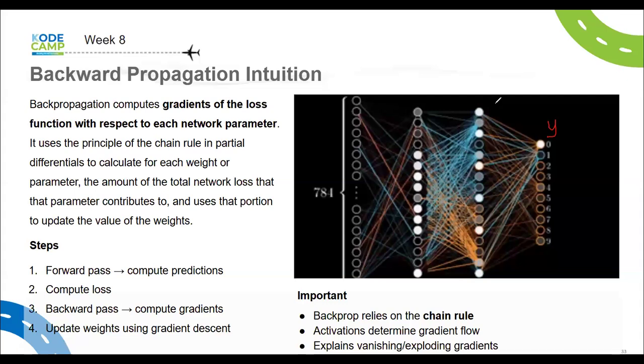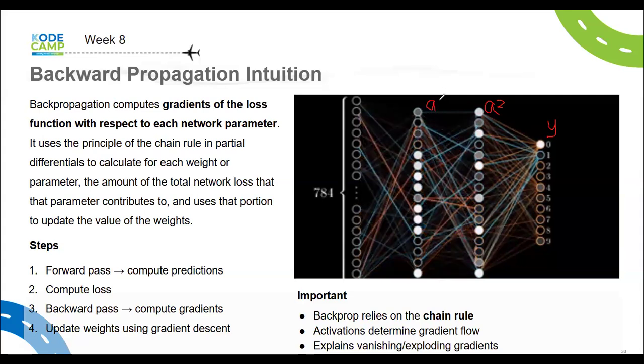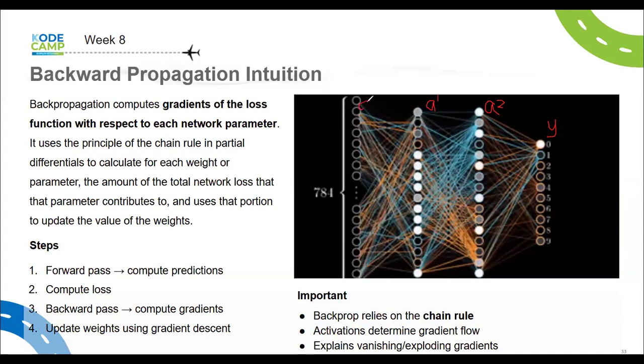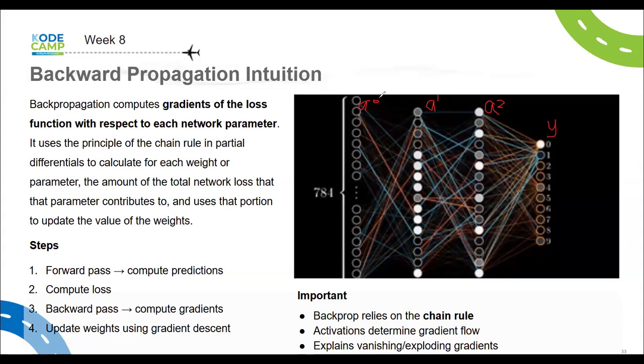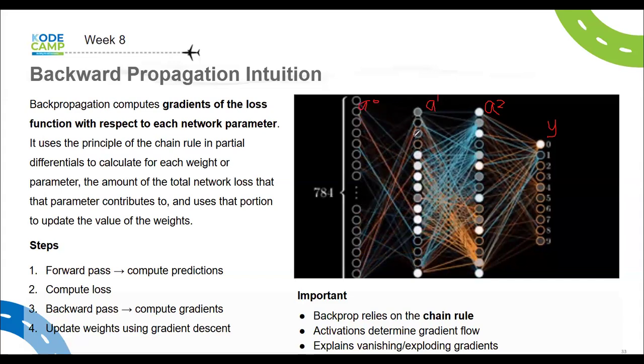And then this intermediate one has an output a2, while this one is a1, and this one is a0. So this is the intermediate output for this hidden layer. This is the output for this hidden layer. This is the ultimate output.